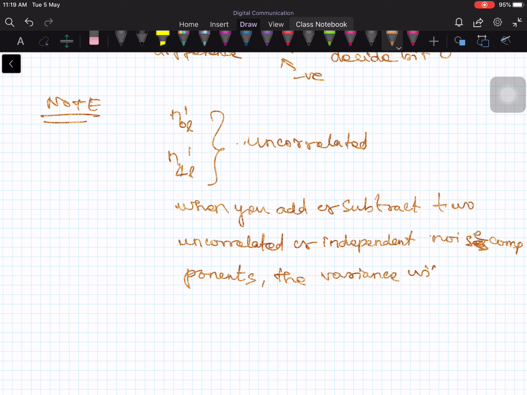So in this case subtraction will not help you. This is a drawback compared to BPSK. In BPSK the variance will not be doubled, but here the variance will be doubled up. The only way the noise is being taken care of is through the matched filter. The matched filter will suppress the noise as much as possible, so the noise values will be as small as possible.